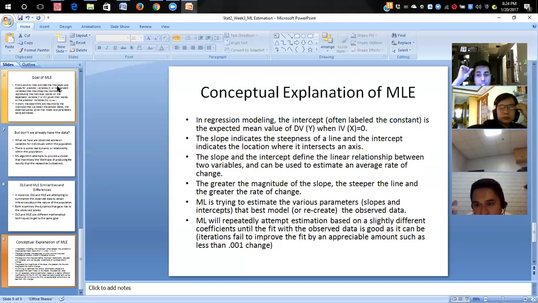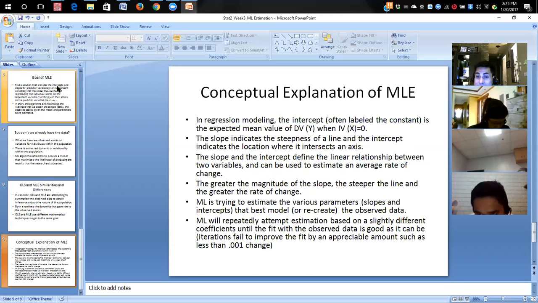Remember that regression, always think of line when we talk about regression. So in regression is to fit a line. So in regression modeling, the intercept, which is often labeled, we don't understand why SPSS labeled it as constant. So this is another thing, because we're going to start interpreting regression tonight. We're going to do actual regression tonight on SPSS.